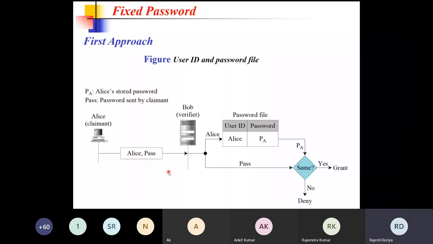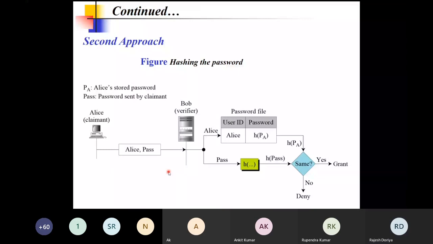Now, the second approach. In this approach, rather than comparing the password itself, we are comparing the hashes which have been created from the password. If the hashes match, then the access is granted. Otherwise, the access is denied. Okay, and this particular mechanism will prevent the attacks where someone is trying to get this particular file.